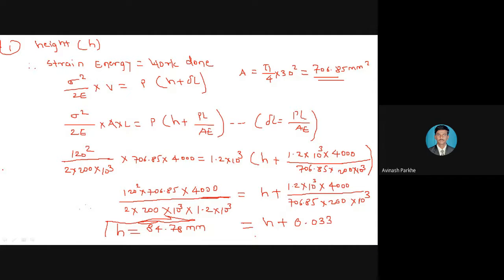The height is calculated, then calculate the total elongation. We have the elongation formula: delta L is equal to sigma L upon E. Put the value of sigma, the value of length, and the value of E. How much deformation is taking place? Please check.